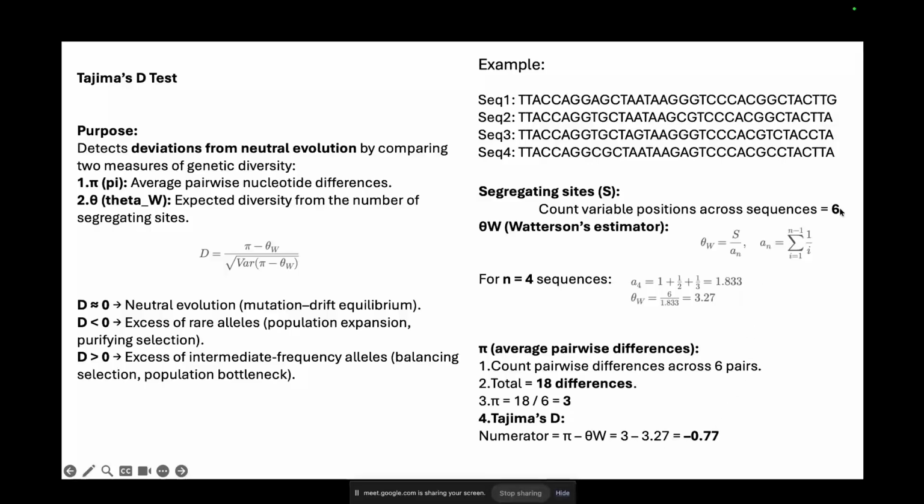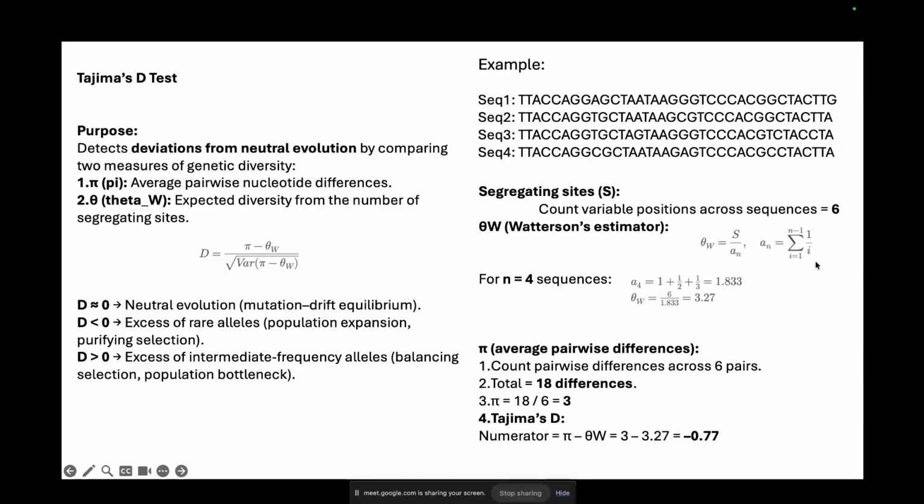So if you have the number of variable sites, then you can calculate theta W. The formula is given by S by a_n. What is a_n? a_n is given by this term.